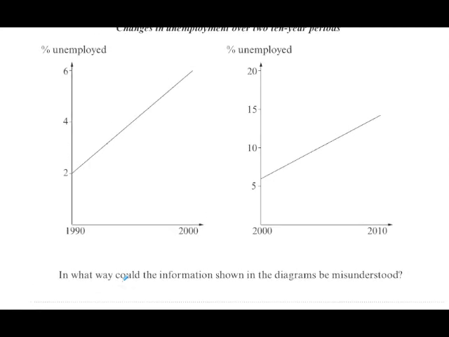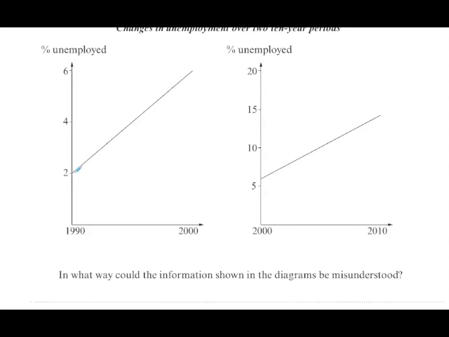So let's answer these together. Well, you can see this line is a lot steeper than this one. So it actually gives the impression that unemployment increased more rapidly between 1990 and the year 2000 than it did between 2000 and 2010.